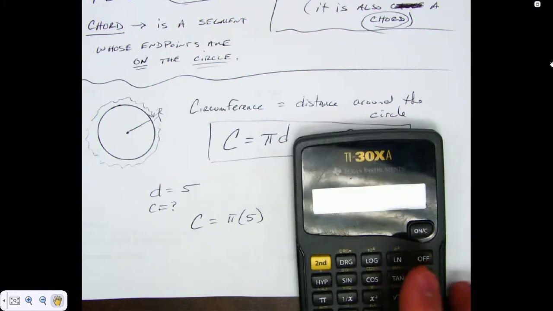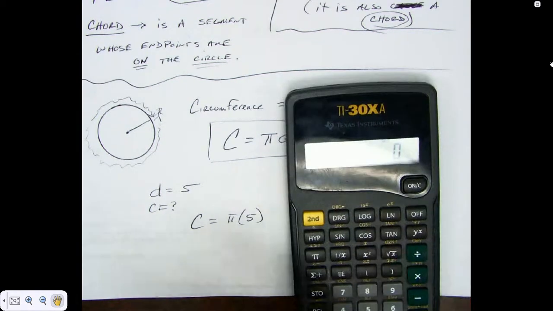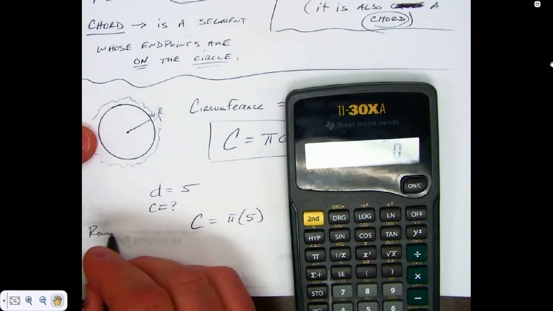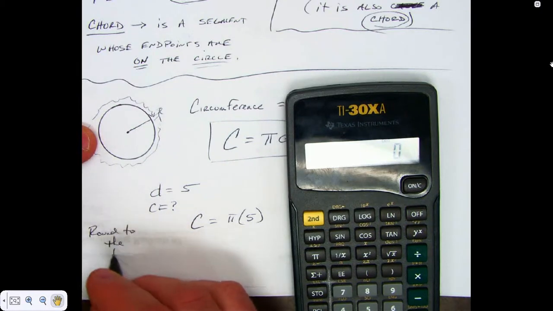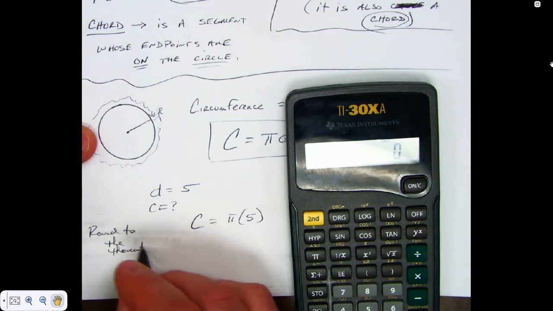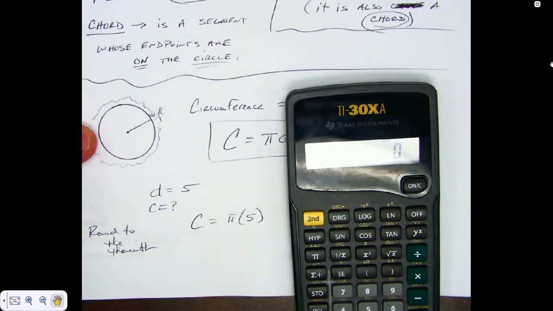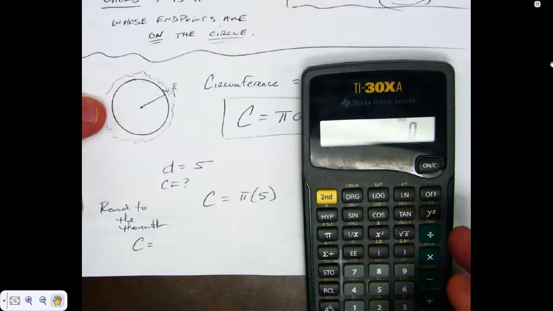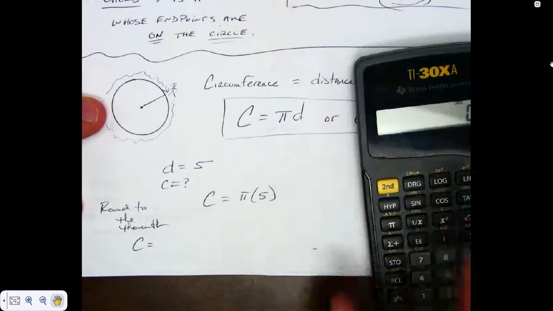This is important because they'll do this type of stuff on end of instruction tests, on ACT tests, which by the time you take an ACT test, you'll probably be used to that kind of stuff. If they said round to the nearest tenth, or let's say it said round to the 1,000th. C would equal this. You would figure it up.